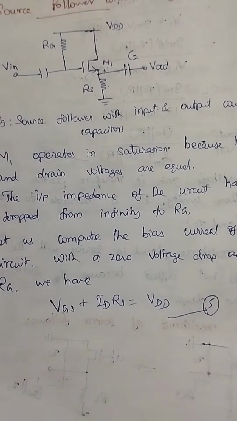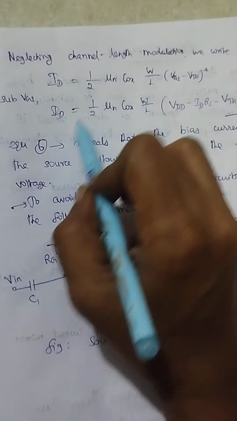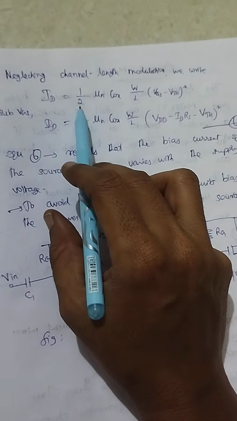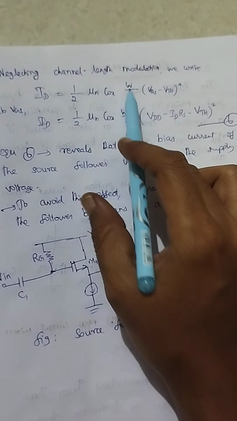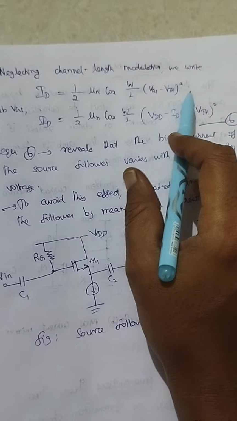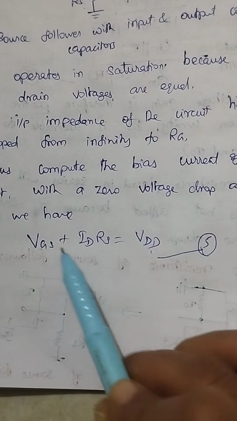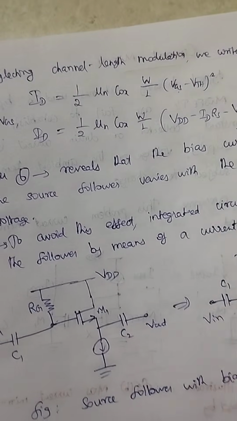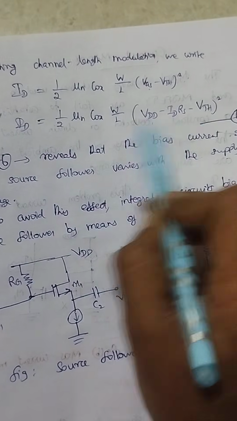Next, we neglect channel length modulation, and write our drain current for the saturation region as ID equal to half mu n Cox W by L into VGS minus VTH the whole square. From VDD we can write VGS equal to VDD minus ID RS. Substitute this value of VGS here, so your equation will be like this.